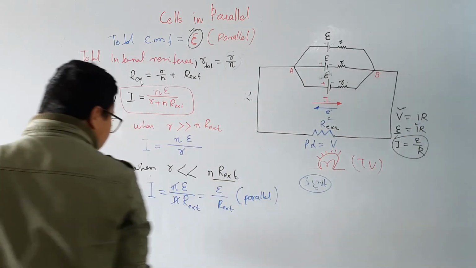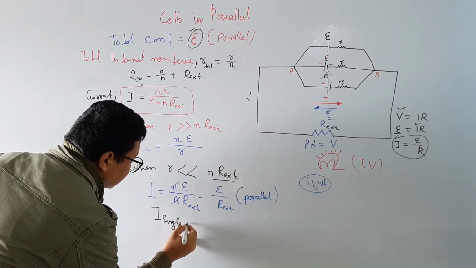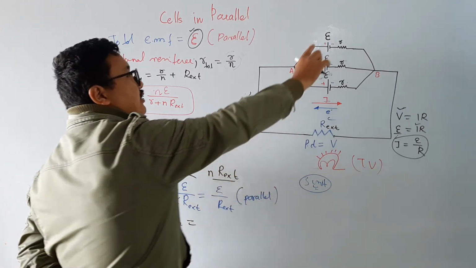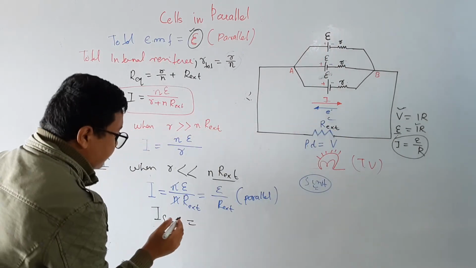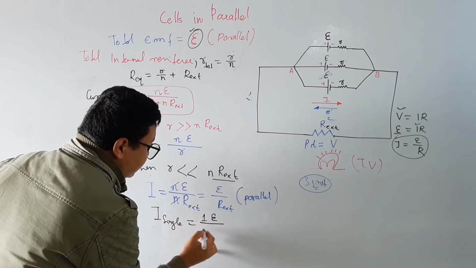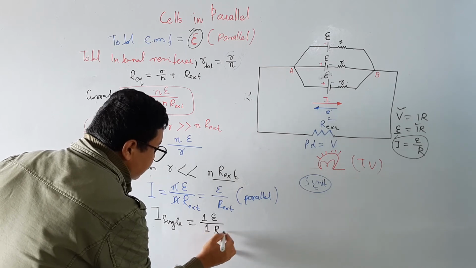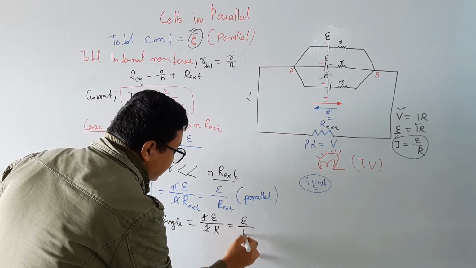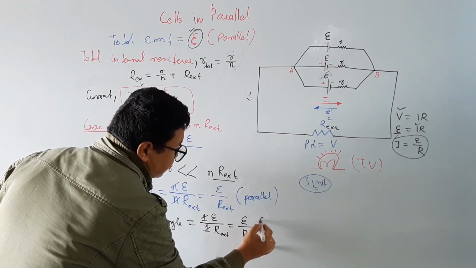Now if I do it for I single, meaning if I consider only one cell and the external resistance, then I will get 1 into E divided by 1 into r plus R EXT, which is E by R EXT for single.